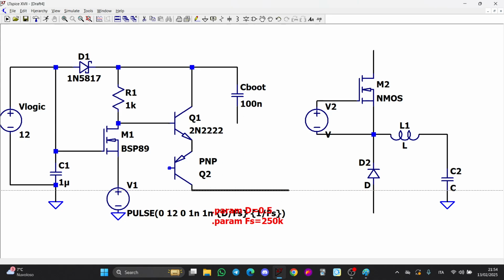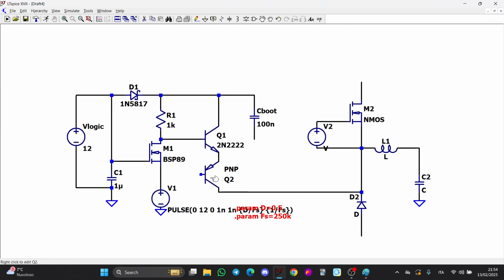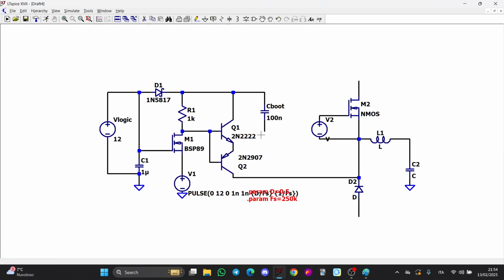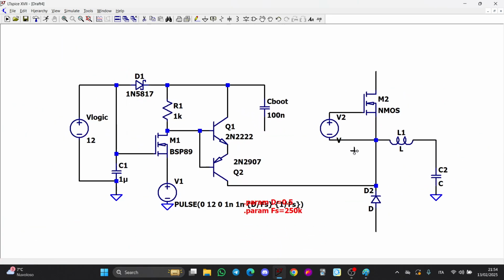Naturally, the driver will give you how much peak current you can have, of course. Sometimes engineers do put the totem pole outside the driver. Okay, so let's put this, and let's also close the driver.